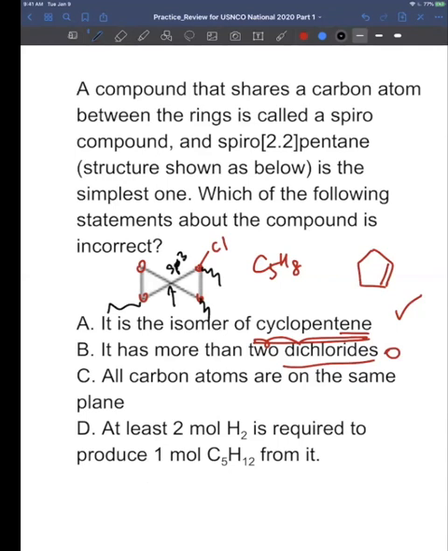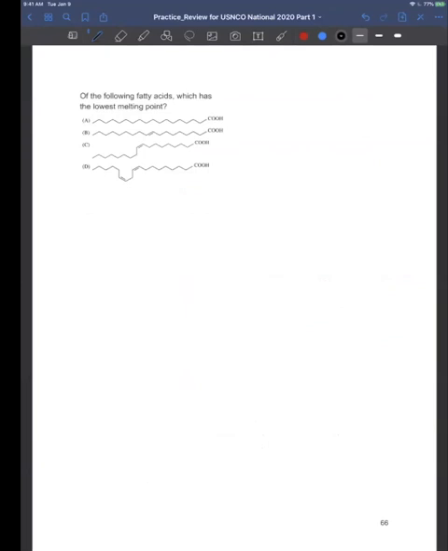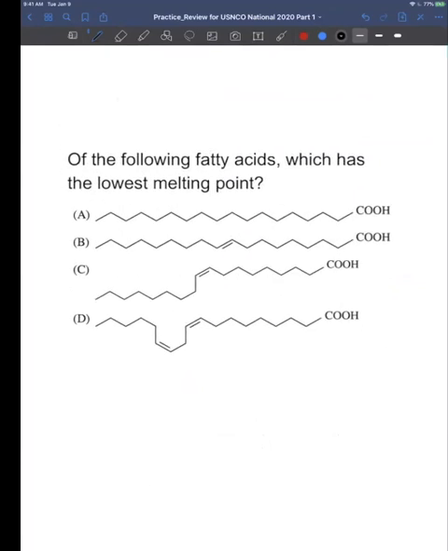D is also correct because the 3-membered ring, as you know, is very unstable, so it's easy to open the ring, right? Hydrogenation to get the propane. So you need to have 2 moles. I think probably you recall the question in the USNCO Local 2020.